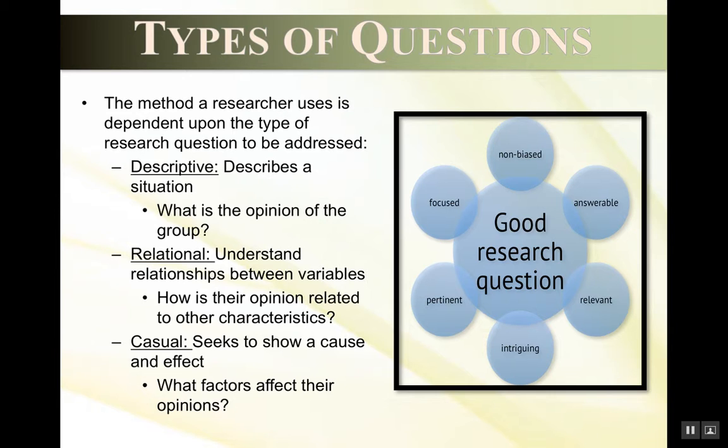Causal, this seeks to show a cause and effect. So what factors affected their opinion? So what is impacting? And a lot of times relational and causal can really impact both of those together at the same time.